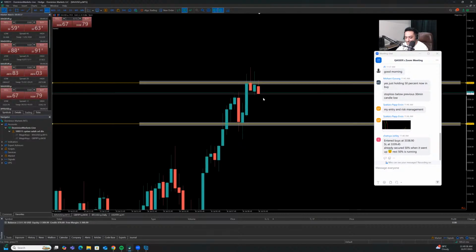Look at this one. It's going to break its own low. It's going to break the previous 50-minute low. If it broke the low of the previous 50-minute, there is no business for this candle to hold on to this trade.